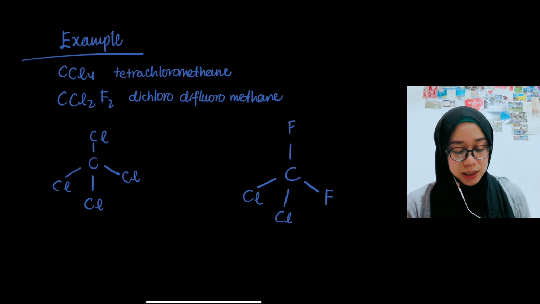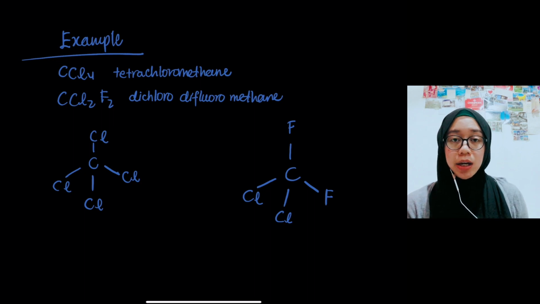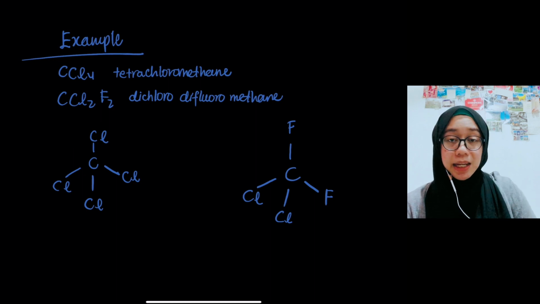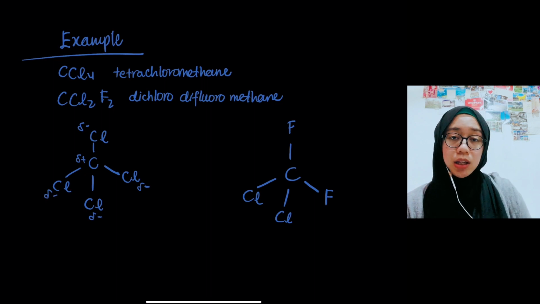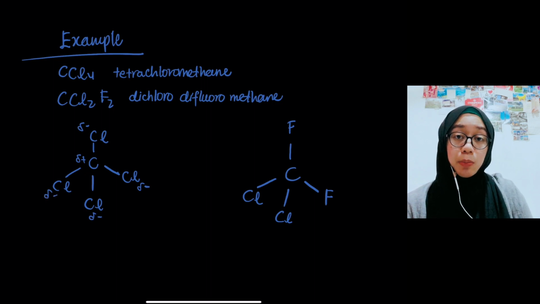Jadi sekarang kalau kita tengok bond untuk CCl4, dia adalah considered sebagai polar bond. Kenapa polar bond? Sebab C dengan Cl, Cl is more electronegative, C pula is more electropositive. Basically bila ada beza in terms of electronegativity, it is considered as polar bond.